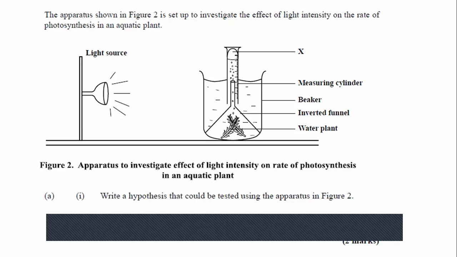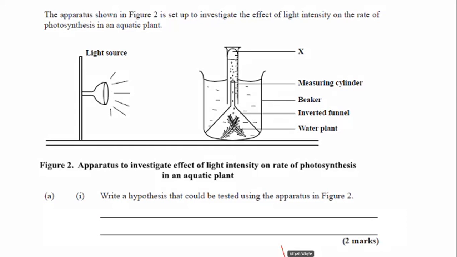I think the hypothesis is an if-then statement. So you could say if a glowing splint is relit when placed at the mouth of the test tube, then oxygen is present.